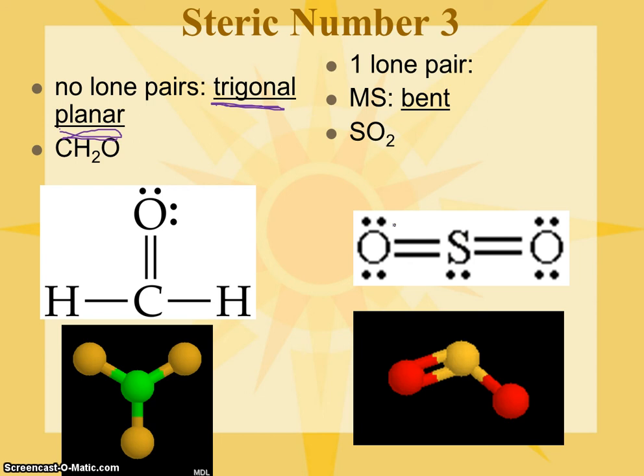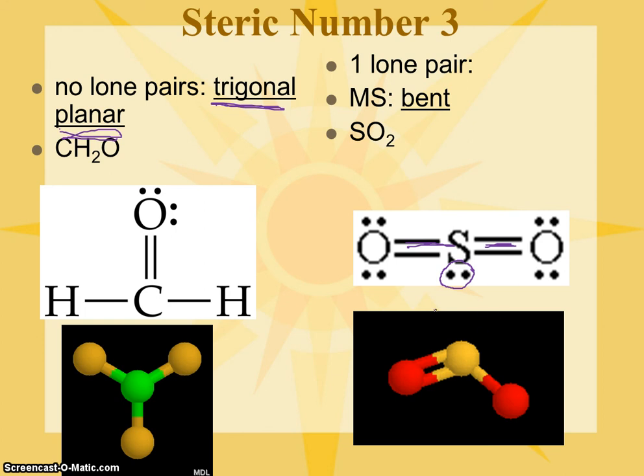If, however, I take one of these bonds to an atom off and make it a lone pair instead, as is the case here with SO2, it has a steric number 3 because there's 2 bonds and 1 lone pair, so 3 things coming off of that center atom.